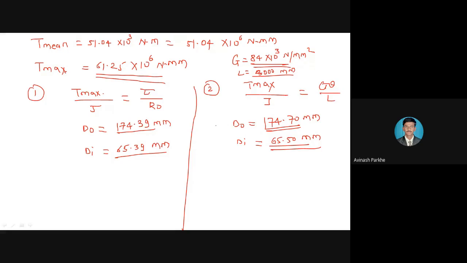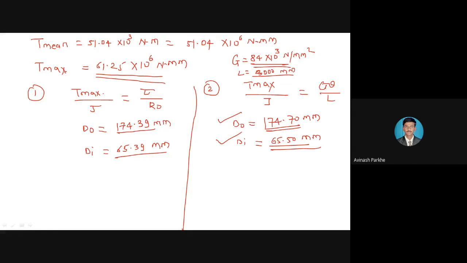Therefore, the shaft will be designed using DO equal to 174.70 and DI equal to 65.50 mm. So write down the last statement: the suitable value of diameter is always the maximum value obtained.